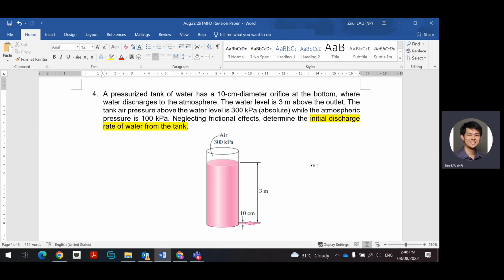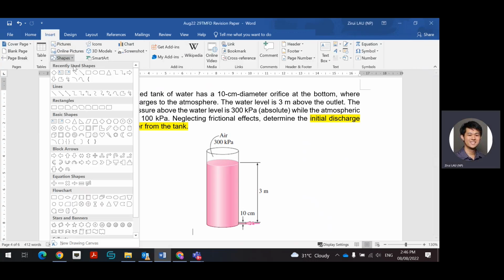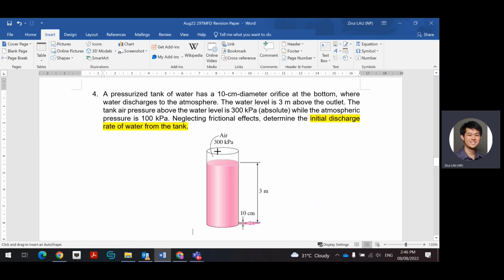Okay. So where do I apply it to? Remember the few rules that I gave you? Yes, we will try to apply it on the surface. It will always be between fixed points. So which 2 points do I want to apply it to? Okay, good. So we will apply it to these 2 points specifically.